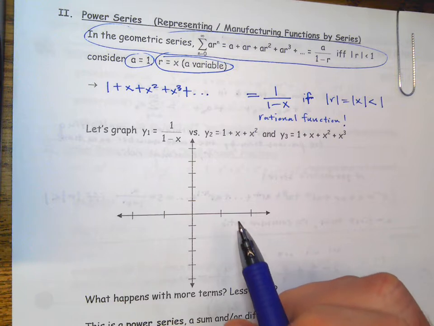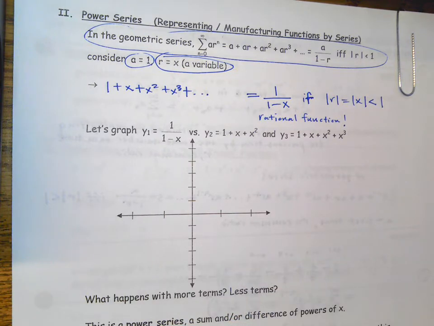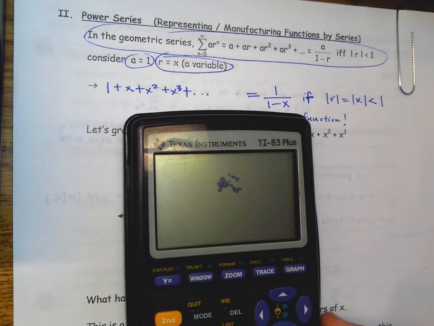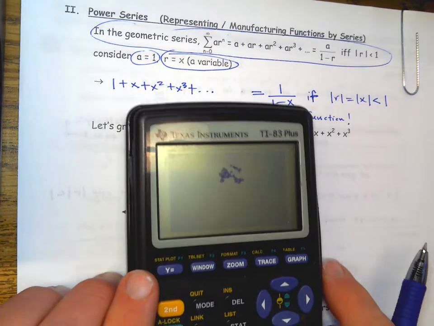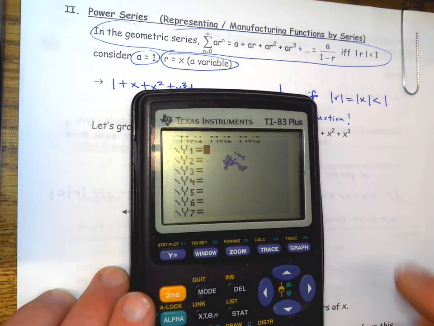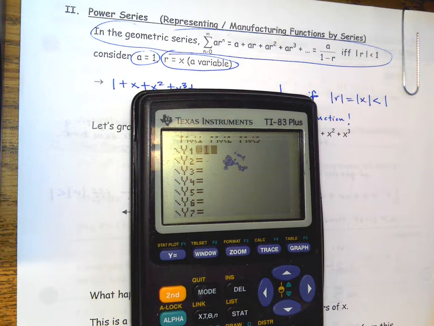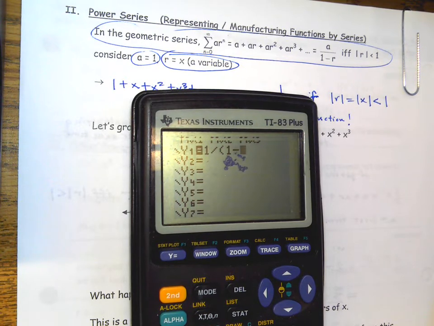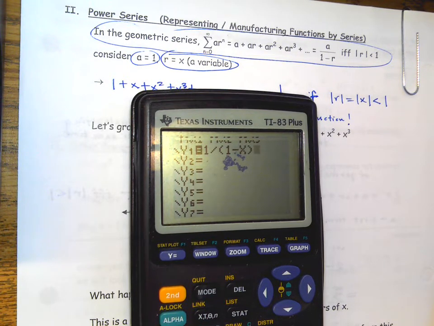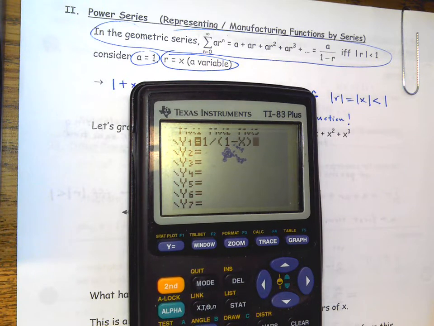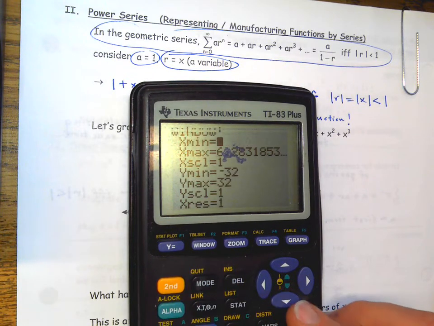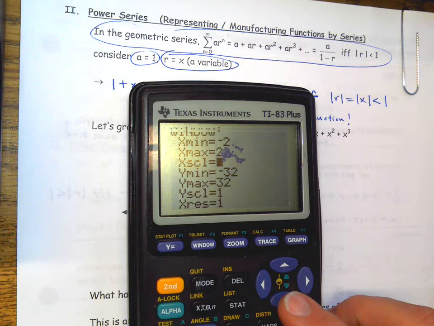Now, let me demonstrate this on my calculator. I'm going to graph 1 over 1 minus x, and let's make the window -2 to 2, -5 to 5.